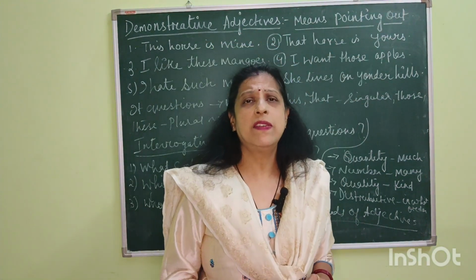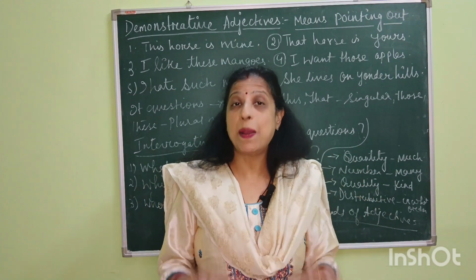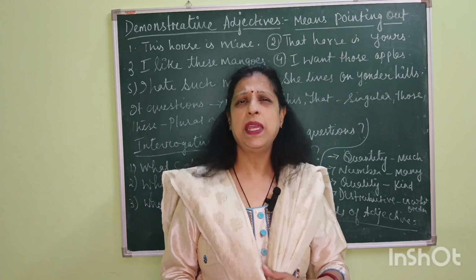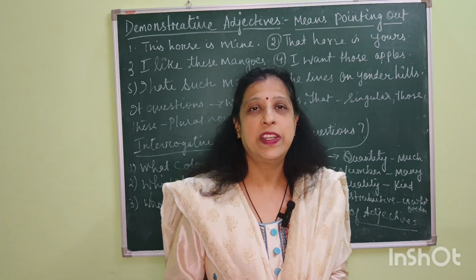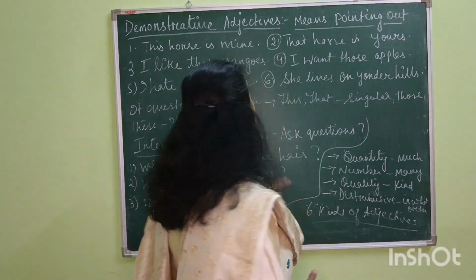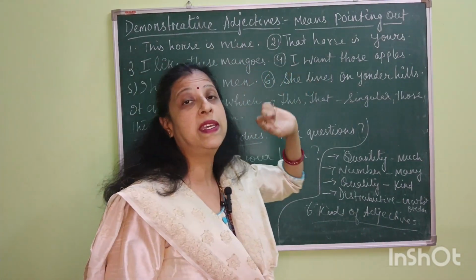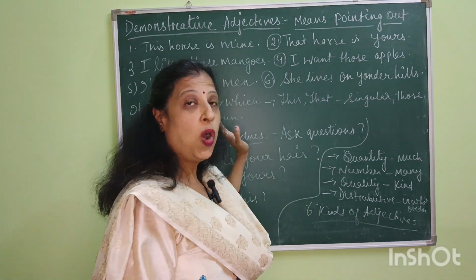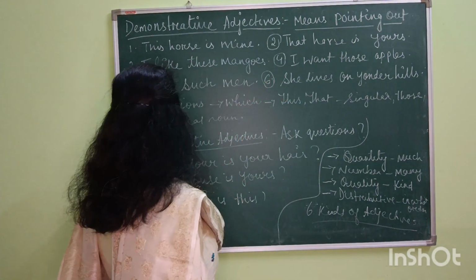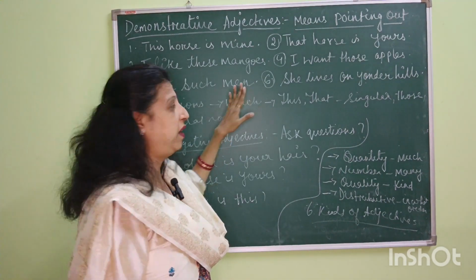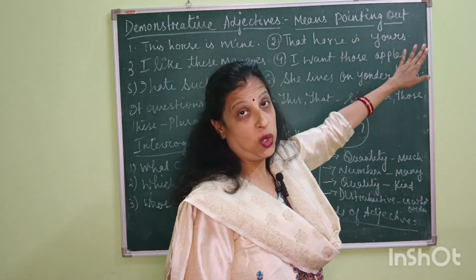What is demonstrative adjective? It means that when we are pointing out towards something, that is called demonstrative adjective. Right? Now, first one is here. For example, this horse is mine. I like these mangoes. I hate such men. And that horse is yours.